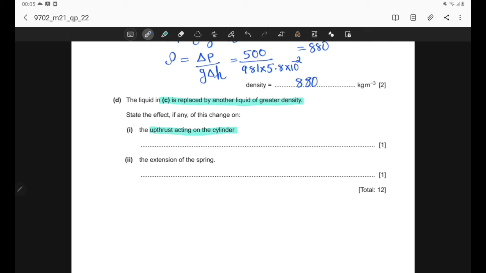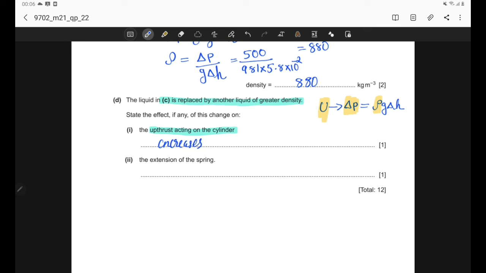Here we know that upthrust in a liquid is due to the pressure difference in a liquid, and the pressure difference is equal to rho g times change in height. So from this equation we can understand, when the density increases, change in pressure increases, so upthrust also will increase. So we can write increases.